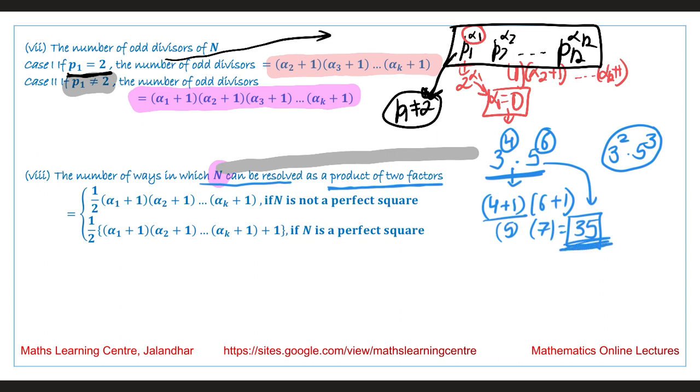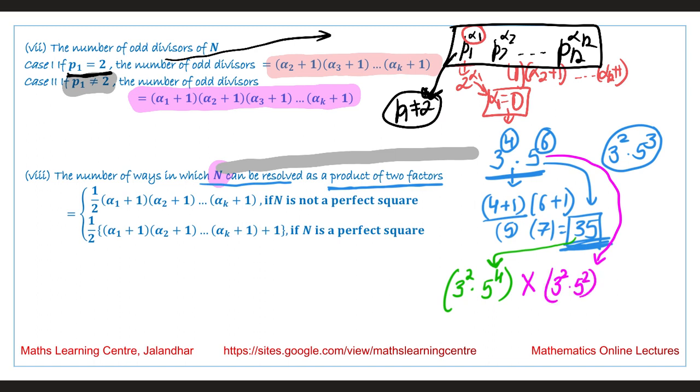Now if we want to calculate the factors corresponding to this, suppose out of these divisors we have chosen one element, say 3 raised to the power 2 into 5 raised to the power 4. Then corresponding to this element, the second factor we will obtain automatically, that will be 3 raised to the power 2 into 5 raised to the power 2.